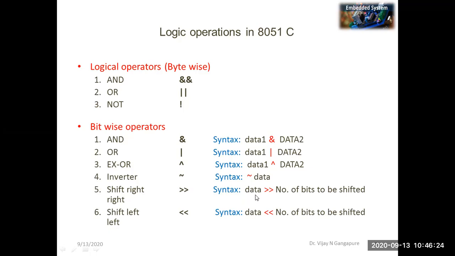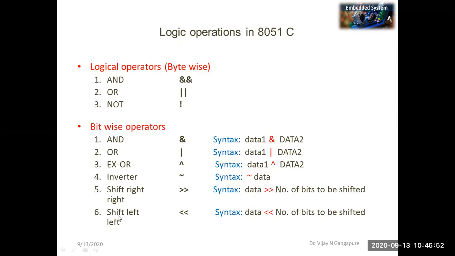This is the data byte which is to be shifted, then this shift right operator, that is two greater than signs, and then the number of bits to be shifted. For example, if I write data, shift right operator and 2, that means whatever bits are in data will be shifted by 2 positions towards the right.